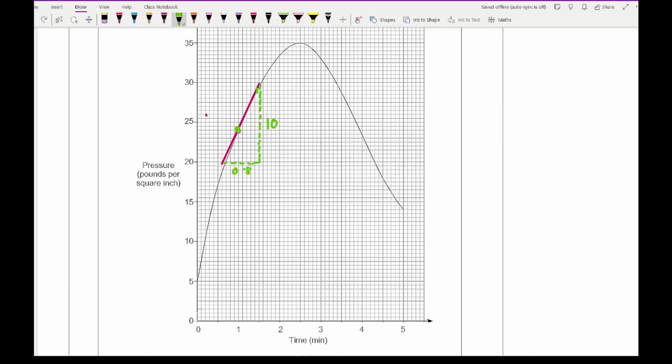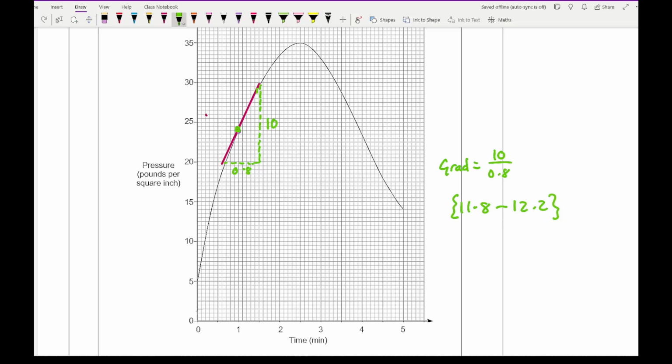So the gradient is going to be 10 divided by 0.8, and if I do that on my calculator, I get an answer of around 12.5. But roughly speaking, the correct answer in the mark scheme is a number between 11.8 and 12.1.